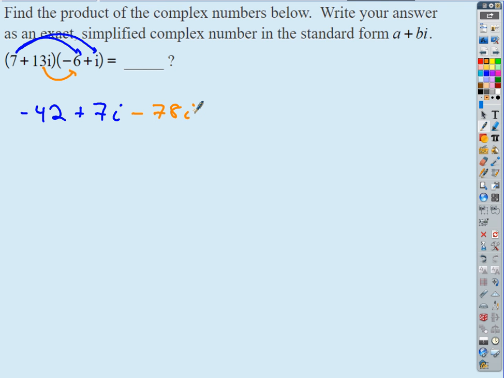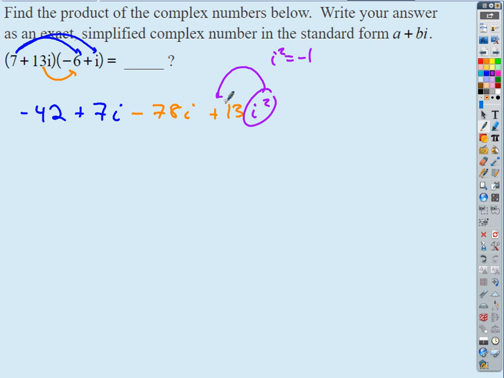But here's the one you have to be careful with. 13i times i is plus 13i squared. What is i squared equal to? Negative 1. So when you multiply out complex numbers and you get the i squared, it's just going to change the sign of that term.